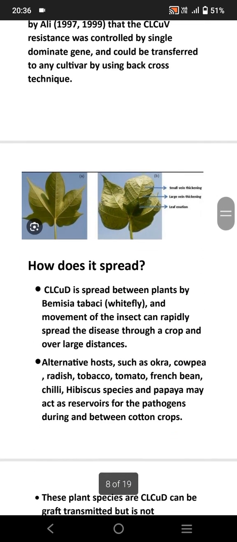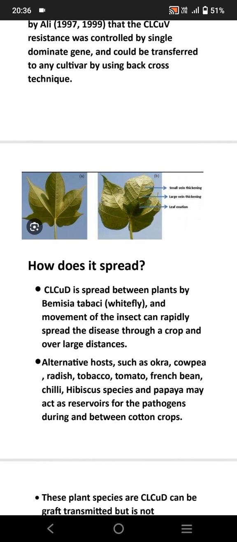How does it spread? Cotton leaf curl disease is spread between plants by Bemisia tabaci whitefly, and movement of the insect can rapidly spread the disease through a crop and over large distances.